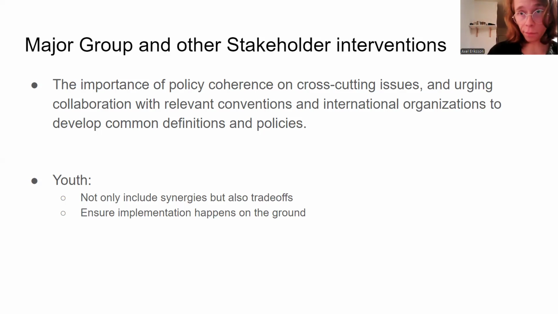And we as youth have in particular raised that when we're talking about collaborations between conventions, we should not only consider synergies, because often there are trade-offs, and these need to be considered and preferably minimized. And the second point from us youth is ensuring implementation happening on the ground. But as I said, you can take part of more detailed positions later on. And with this, I thank you.